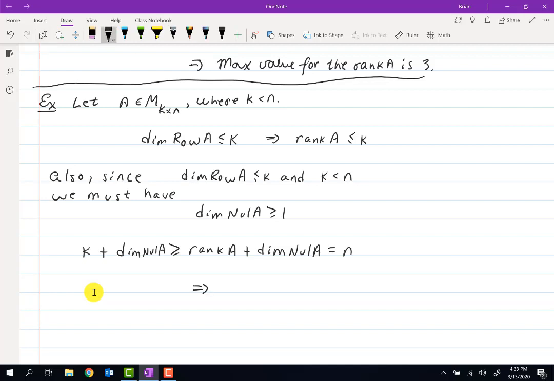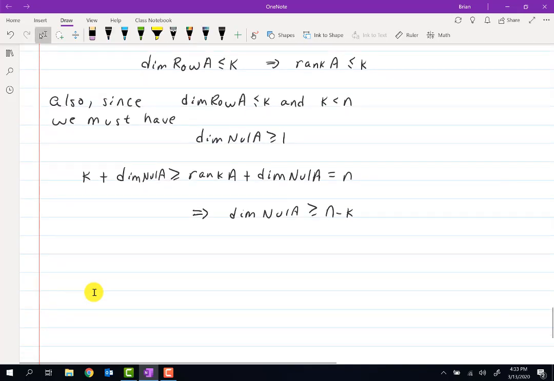This implies that the dimension of the null space of A is greater than or equal to n minus k. Since n is greater than k, this is greater than or equal to 1.